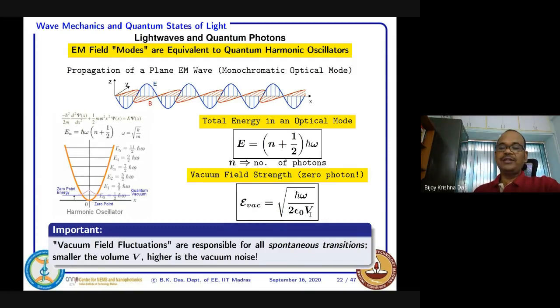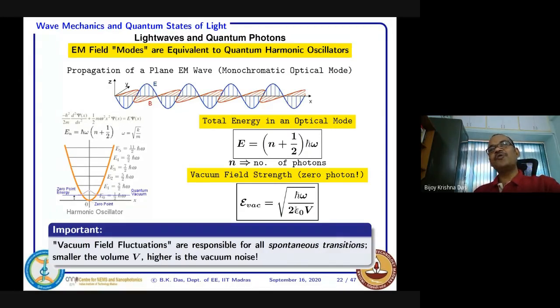When V tends to a very small volume, say nanoscale, nowadays with nanotechnology you can go down to the nanometer scale, in that case this electric field vacuum strength will be very high. So you have this vacuum field or vacuum energy, but as I said, this is not accessible, but it is there.